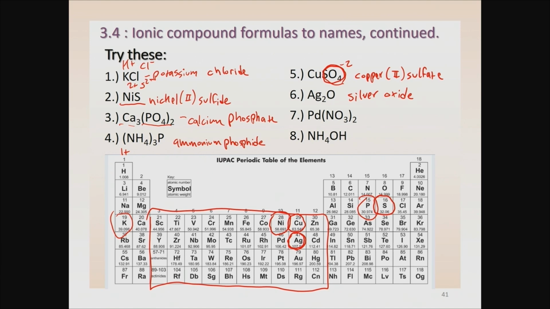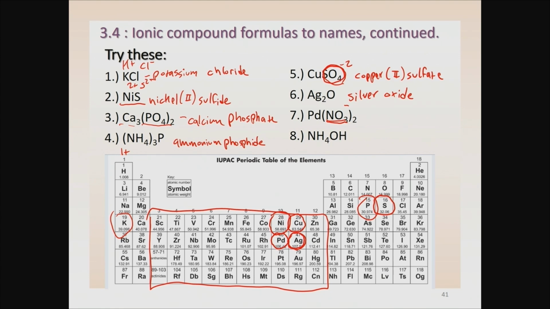Okay, the next one, Pd(NO3)2. What is the name of that? Let's first figure out where palladium is. Palladium is a transition metal. It is not one of the 4 exceptions that is monovalent, so palladium itself is polyvalent. You're going to have to figure out the charge of the palladium ion in this formula. We have nitrate here, and you might recall that one ion of nitrate has a single negative charge.